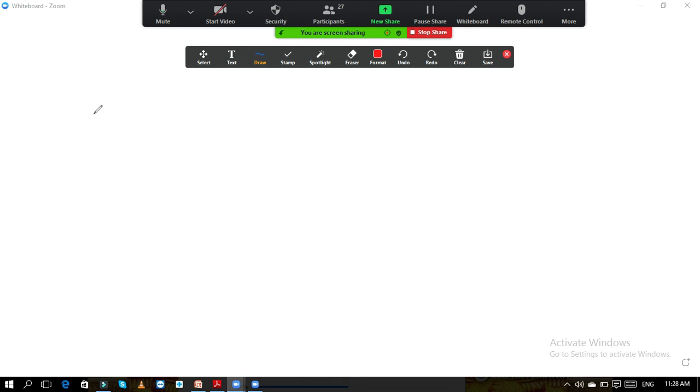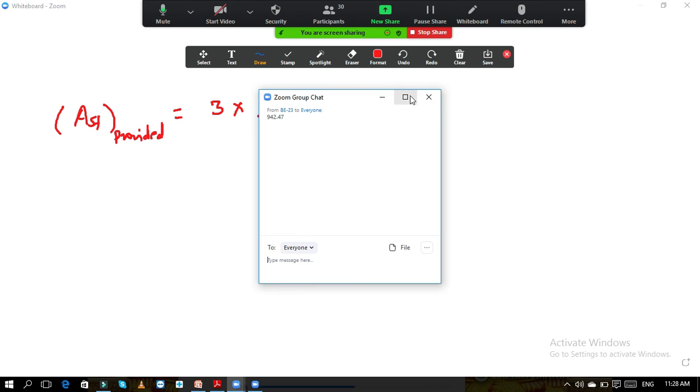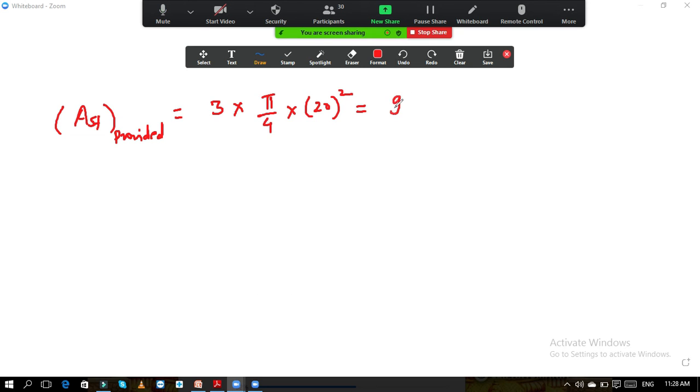Okay, so calculate AST provided now. AST provided, which is equal to 3 bars of 20 mm diameter, 3 into pi by 4 into 20 square. So let me know the value of AST provided. 942.47 mm square.